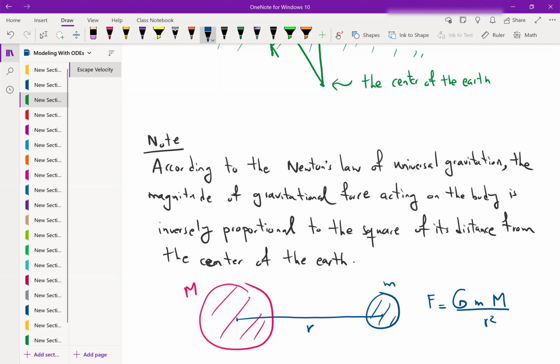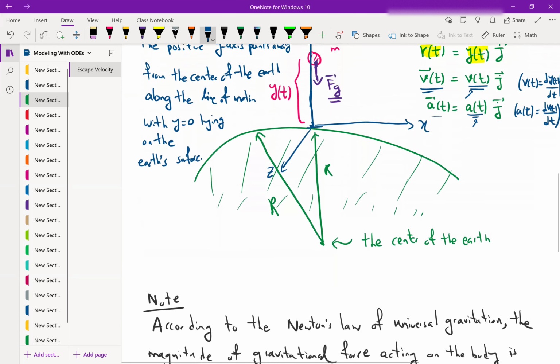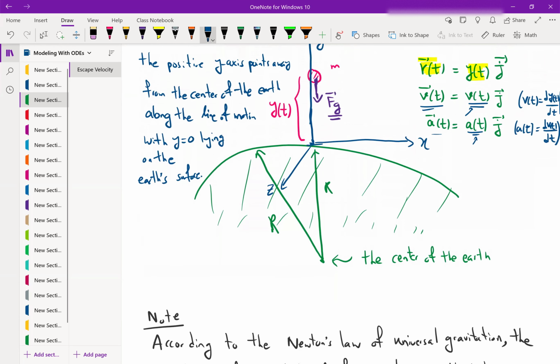Now, in the case that we are interested in, this big M is the Earth, and this little m is the body of interest, maybe a rocket that was projected away perpendicular to the surface of the Earth. So this is the situation that we have here. And what is the distance r in our case? Let me scroll up. In our case, the distance between the mass m and the center of the Earth will be equal to R plus y(t).